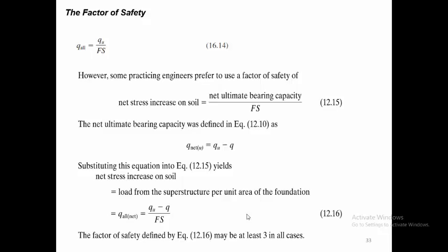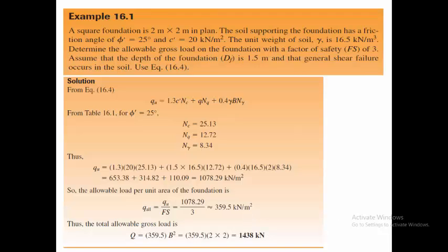Now, since this is a square foundation, this is the formula: 1.3 c NC plus q NQ plus 0.4 gamma B N gamma. By substituting all the values, 1.3, 20, the value of QU is 1078.29 kilonewtons per meter squared.